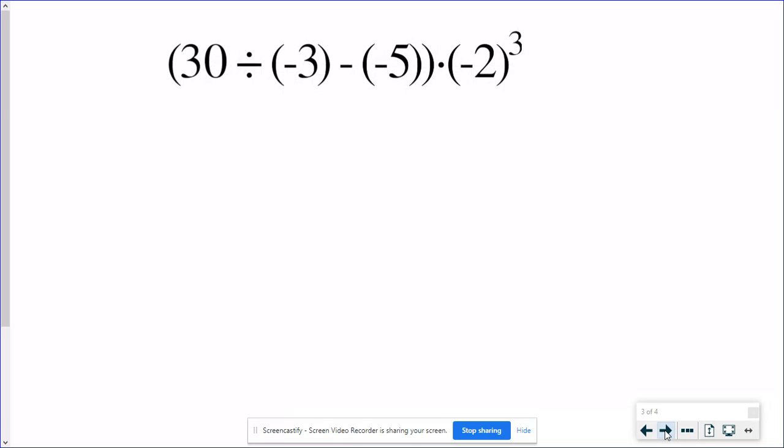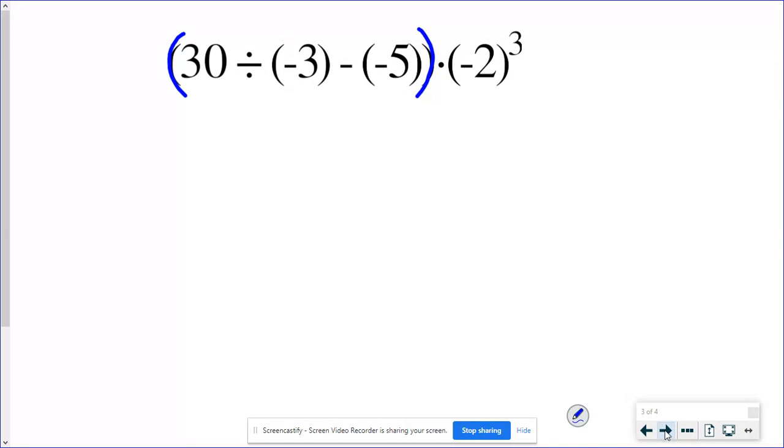Okay, this problem, tons of parentheses. And we've got exponents and division and addition and subtraction stuff. So when I do this problem, I want you to notice this is like the big outside parentheses for all that other stuff in there. Again, the -2 cubed, that negative is just saying that's a -2 that's getting cubed.